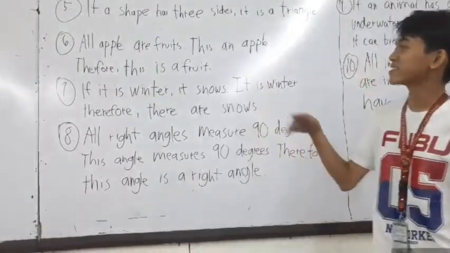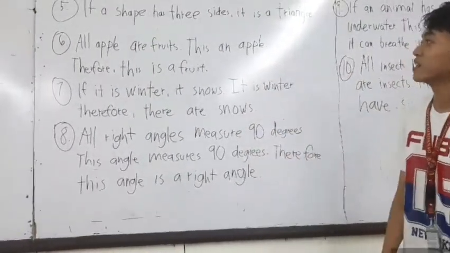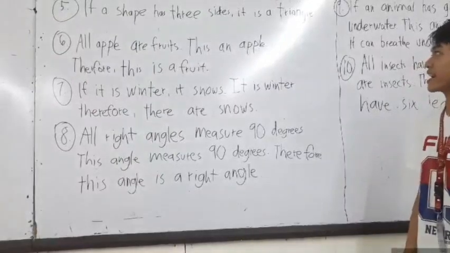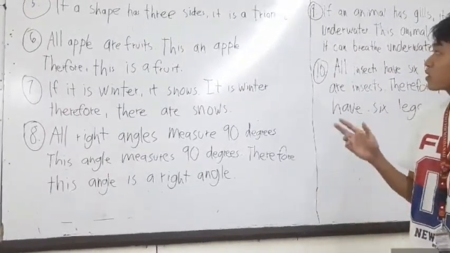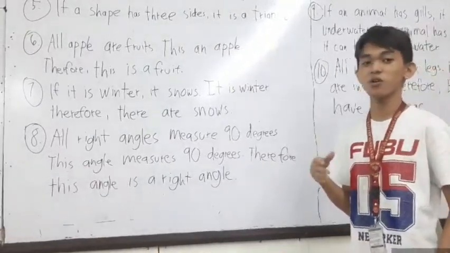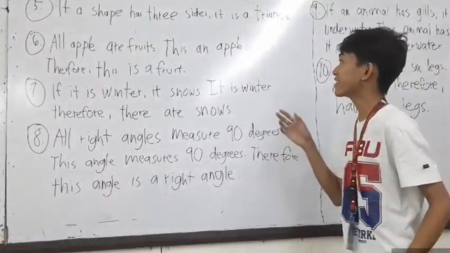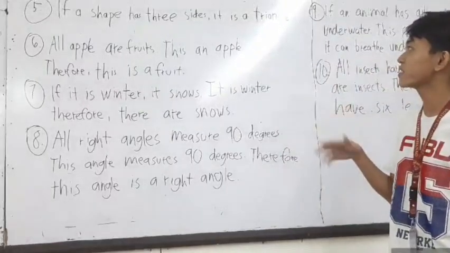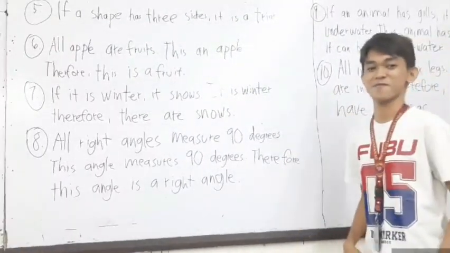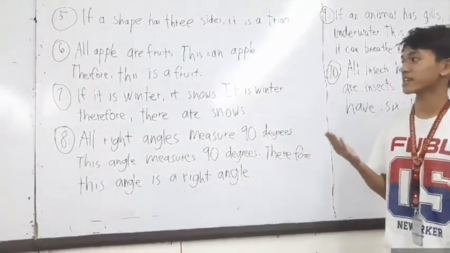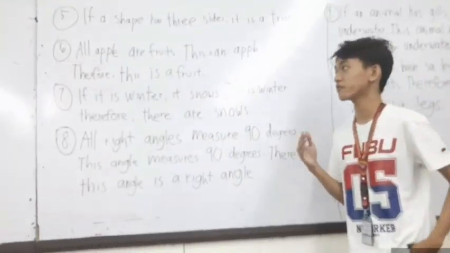Now is the fifth example. If a shape has three sides, it is a triangle. So it directly concludes that there are no other shapes that have three sides, no other than a triangle. Move on to the sixth example of deductive reasoning.